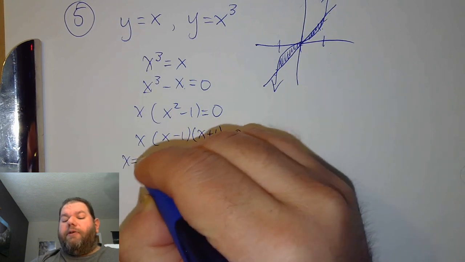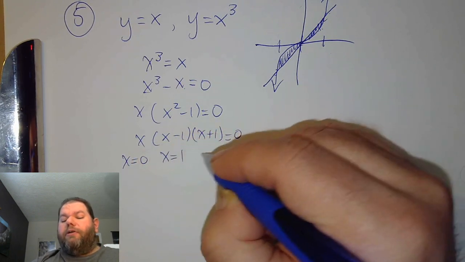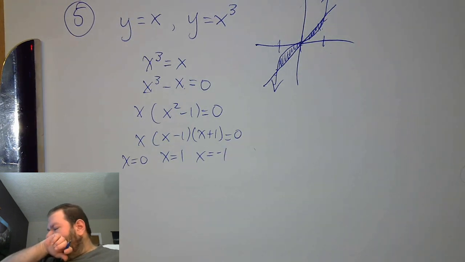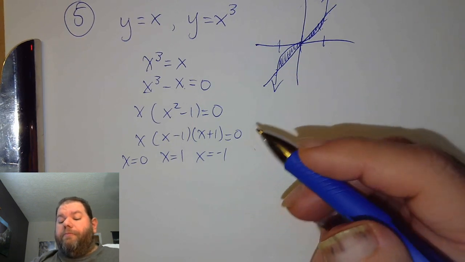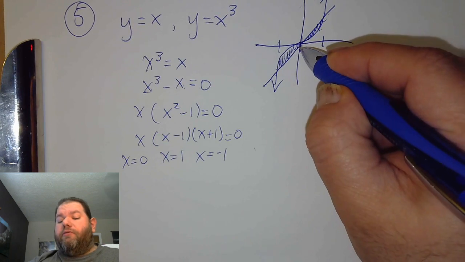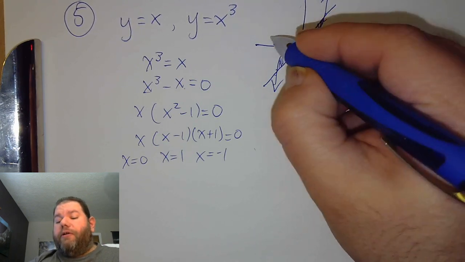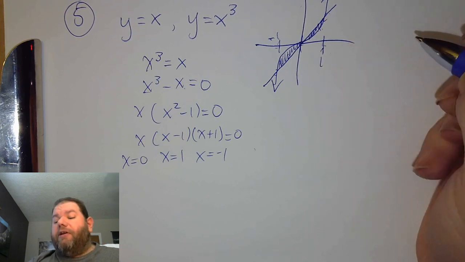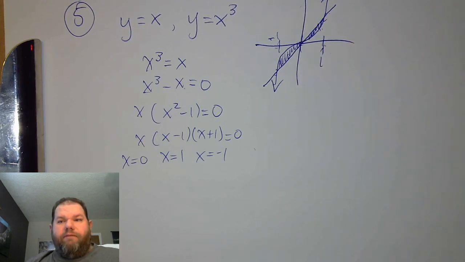So we get x equals 0, x equals 1, and x equals negative 1. Okay, so 0, negative 1, and 1, which we probably could have predicted, but that verifies it, which is nice.